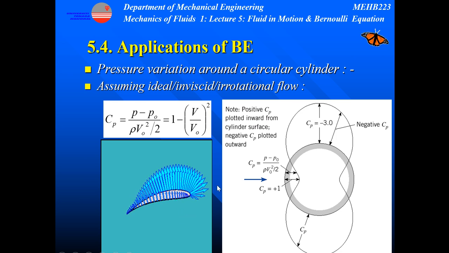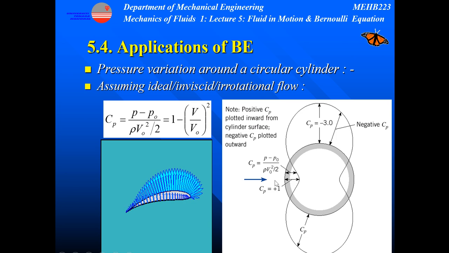Because when you have a streamline, the streamline will stop here, and it will go to this side and this side, right? Because you have an object that obstructs the streamline. So this point is called the stagnation point.